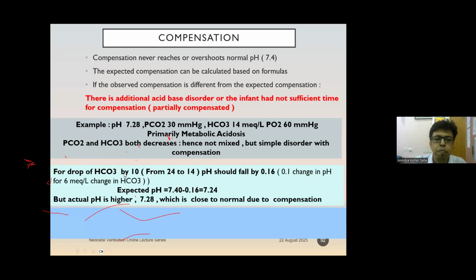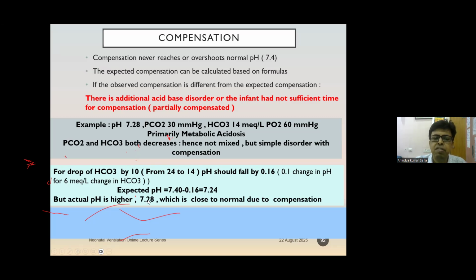For a drop of bicarbonate by 10, from 24 to 14, we expect a pH fall of 0.16. So the expected pH will be 7.40 minus 0.16, that is 7.24.